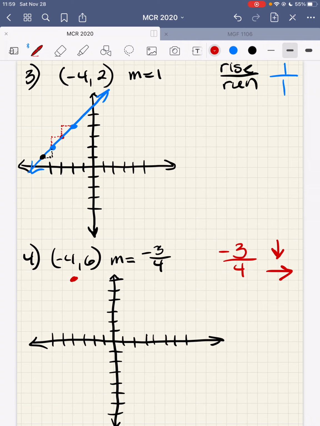And my line should still go down from left to right. That's what I'm looking for here, because I have a negative slope. So from my point, I'm going to go down 3, and then go to the right 4.